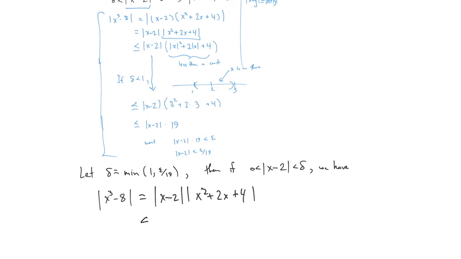And then we said there was a bunch of inequalities. Eventually we worked this down to absolute value x minus 2 times 19, right? But then if absolute value x minus 2 is less than delta, and delta is less than or equal to epsilon over 19, I can say this is epsilon over 19 times 19, which is epsilon as desired. All right. So this one is like the examples we did last time, although it requires a few extra tricks on the inside there.